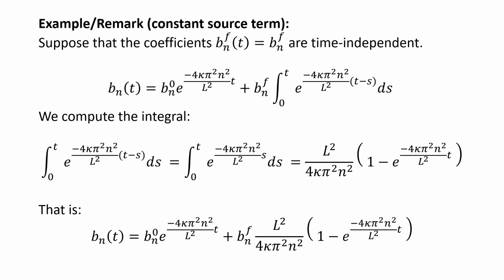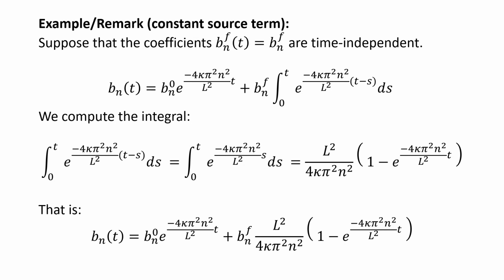It's now a fairly easy exercise to compute that integral explicitly. It equals L²/(4κπ²n²) times 1 minus the exponential of negative 4κπ²n²/L² times t.